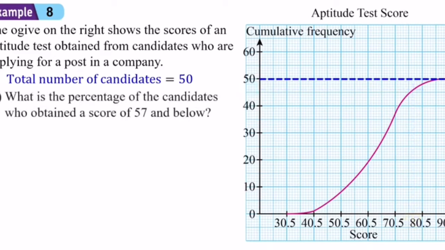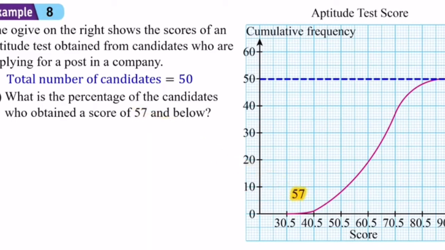Now let's label 57, and let's draw the vertical line and the horizontal line in order to read the cumulative frequency before we can calculate the percentage. Right, so from the 57 again, let's go to the horizontal axis and let's draw the vertical line. Alright, let's do it slowly and carefully.